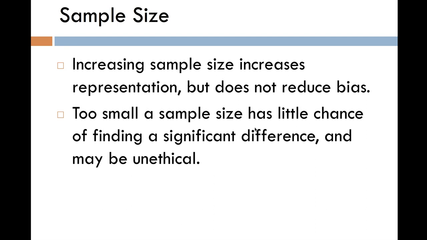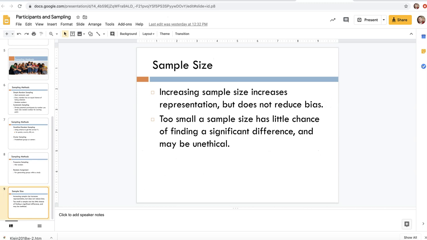So not only is it not a good thing to use too small a sample size, but it actually might be unethical to waste people's time like this to do too small of a sample size. So I believe that is the end of our lecture on participants and sampling.